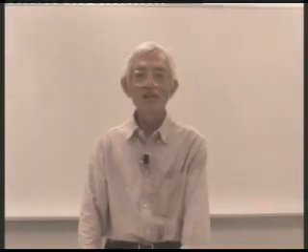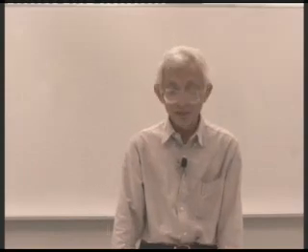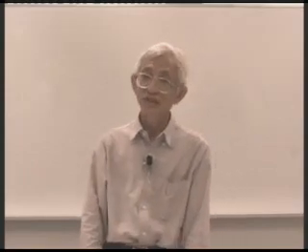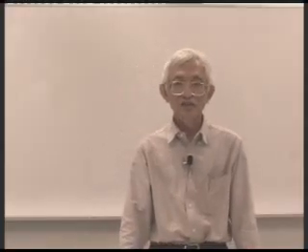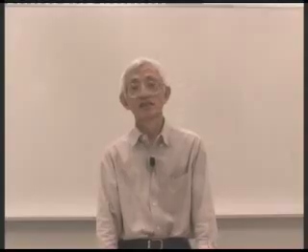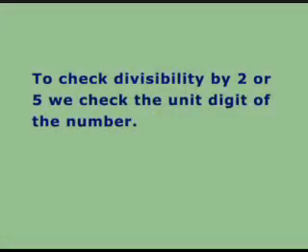Let me summarize. So far we have given you some rules for divisibility by 2, 3, 5, 4, and 7. There are actually 3 kinds. The first kind is that you look at a single digit or the double digit, and then you determine whether a number is divisible by 2, by 5, or by 4.